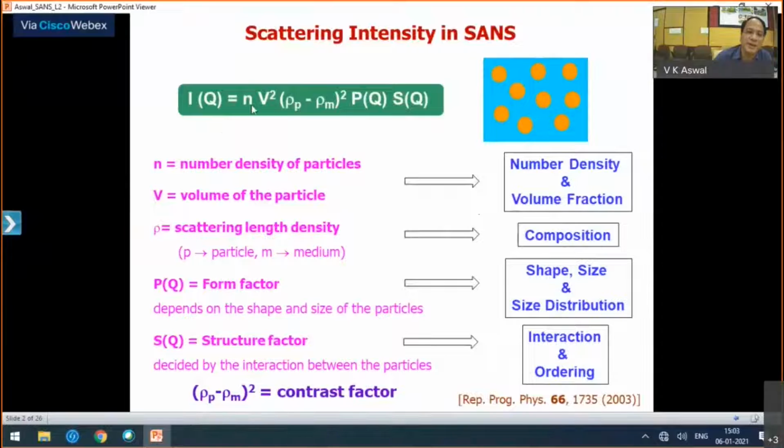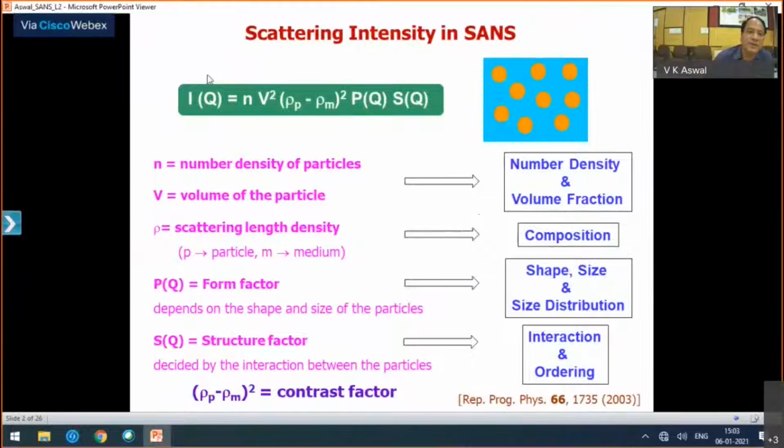And interestingly, it is proportional to the square of the volume of the particle. So many times, if you have very small particles, you don't see them by small angle scattering because your intensity is decreased drastically. That is the reason small angle neutron scattering has difficulty seeing sizes below 1 nanometer: your scattering intensity will be very, very low.